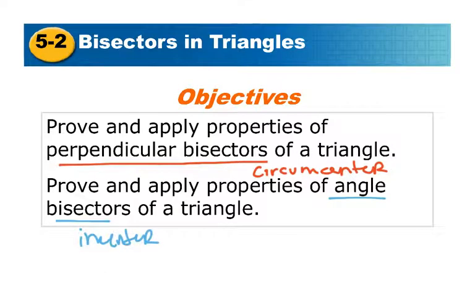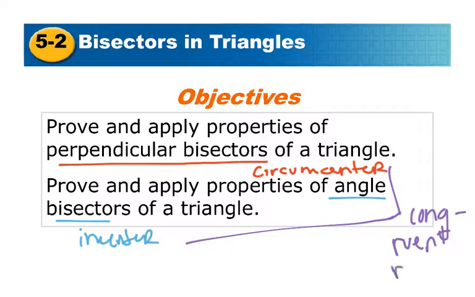And both of those will lead to congruent radii. Alright, so hopefully that helps you out, and again, you're going to end up identifying in your homework, is this a circumcenter, is it an incenter, and then kind of match up each of these radii that might be the same.